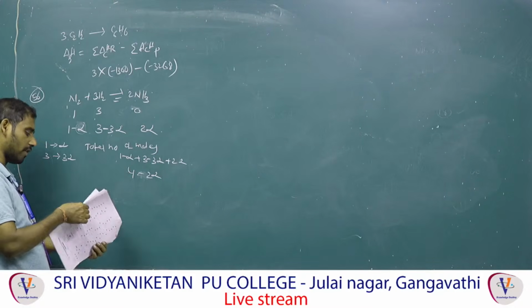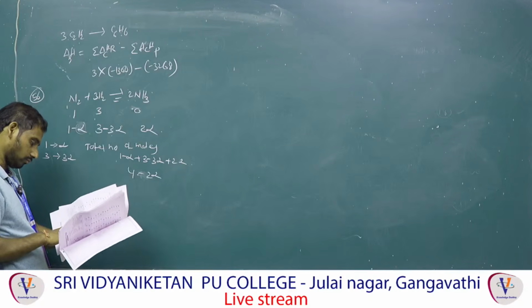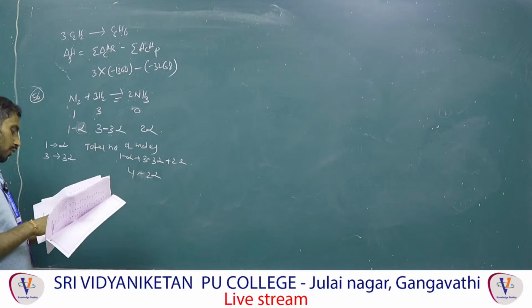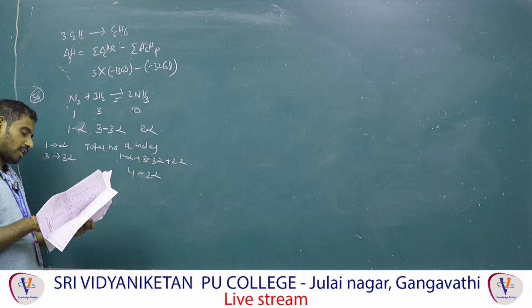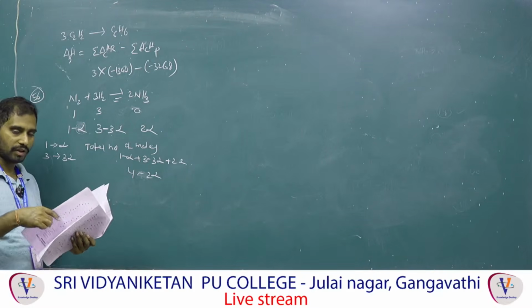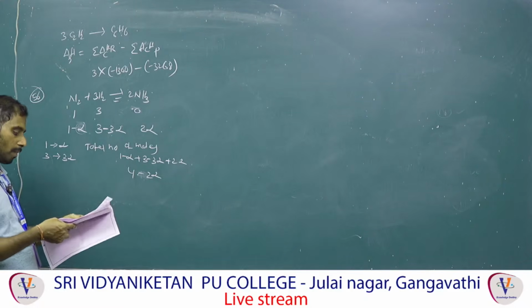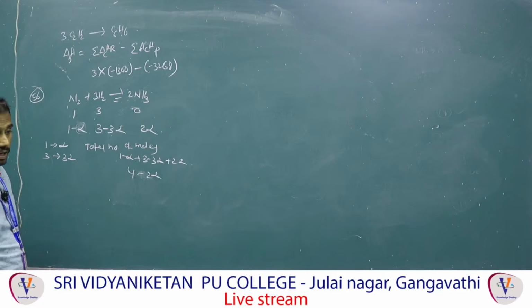Now observe the question. In a closed container, the pressure falls from 4 atmosphere to 3 atmosphere. That means initially it is 4, then at equilibrium 3.